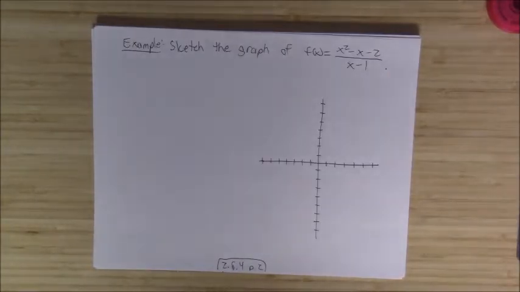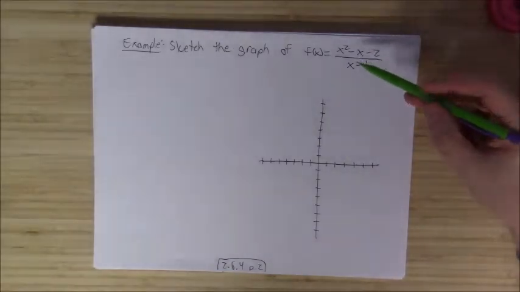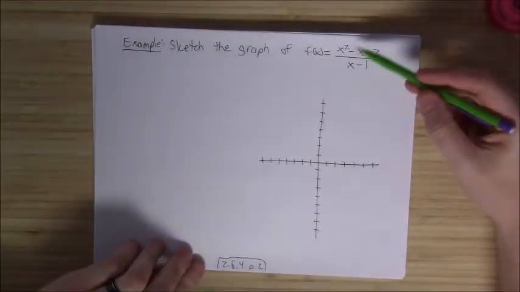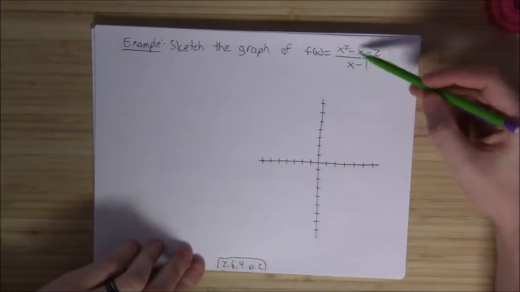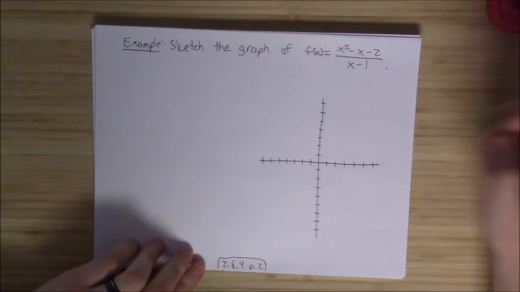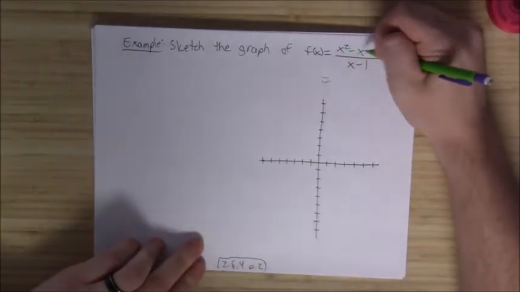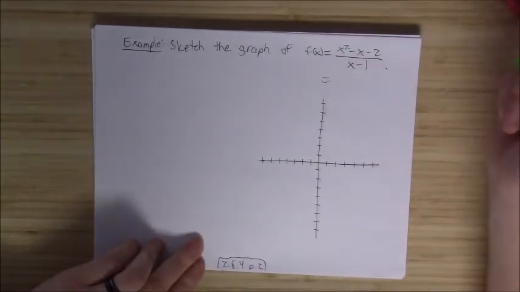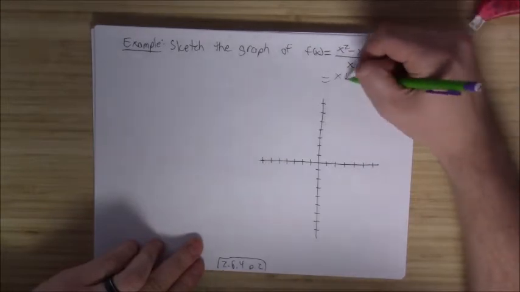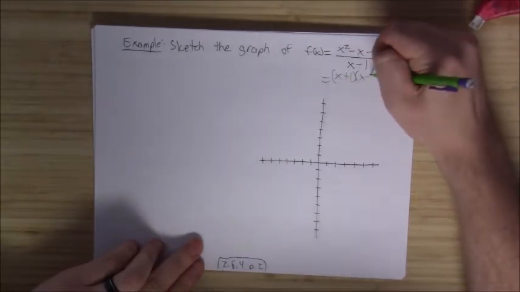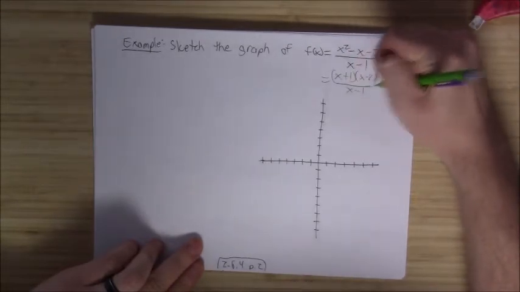So, why do we call it a slant asymptote? Well, let's see this by example. We're going to do this problem similar to what we did before. Again, we can go through and factor the top and bottom. The top factors as x plus 1 and x minus 2 over x minus 1.